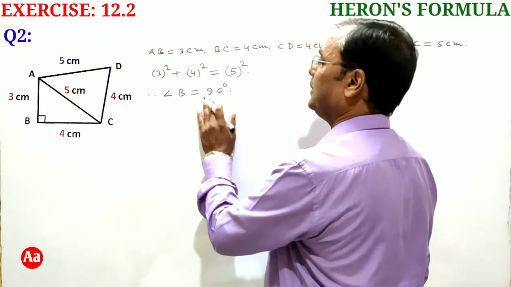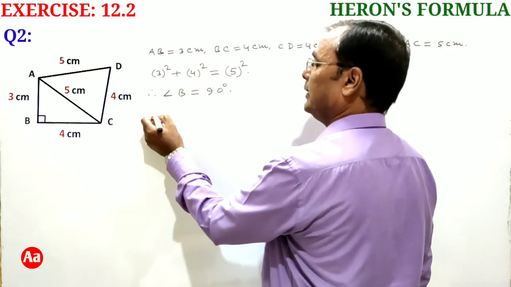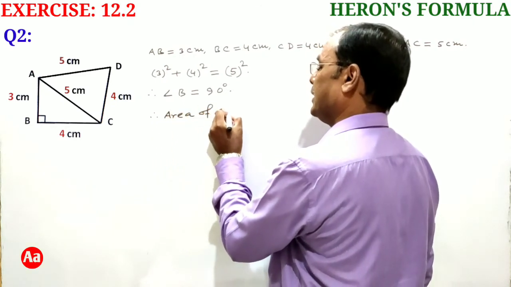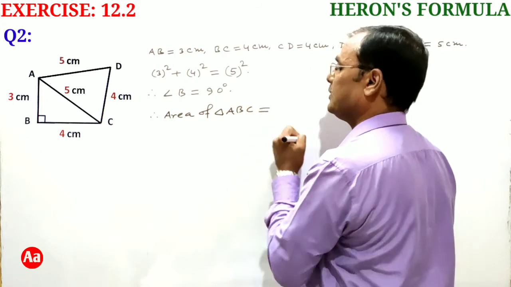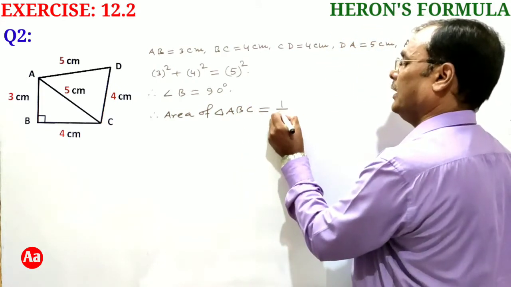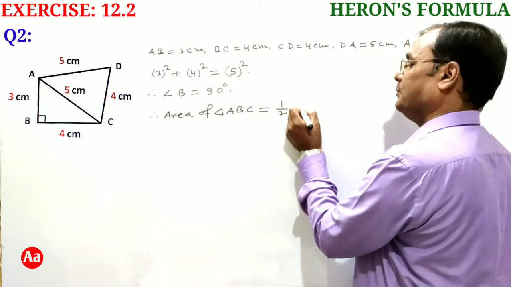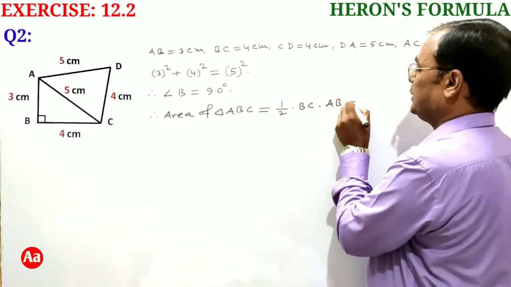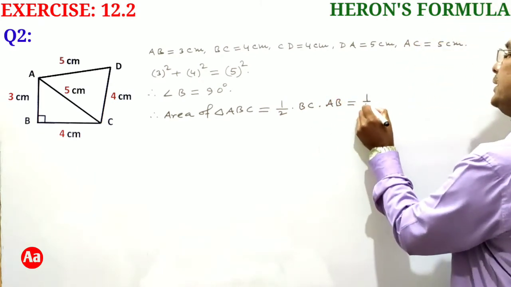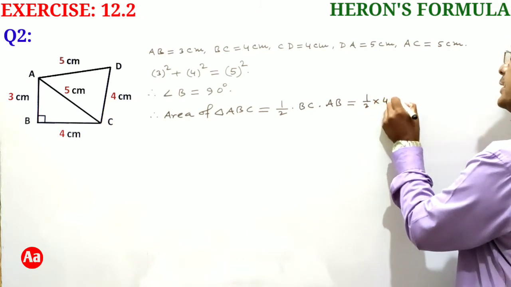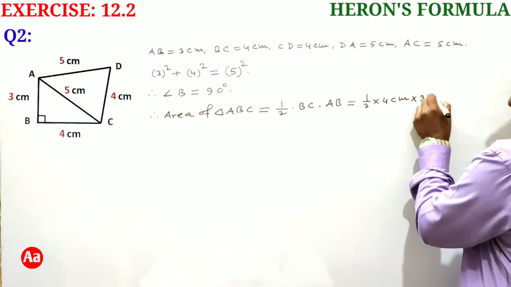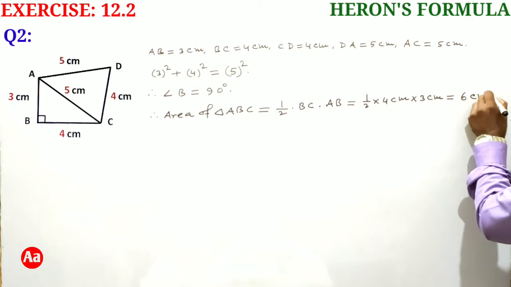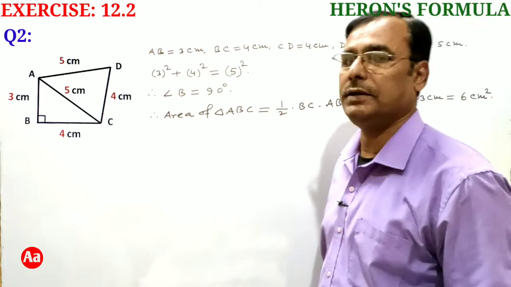As this angle B we have concluded to be a right angle, therefore area of triangle ABC is equal to half into base BC into altitude AB, which is half into 4 centimeter into 3 centimeter equal to 6 centimeter square. Area of triangle ABC we have determined.